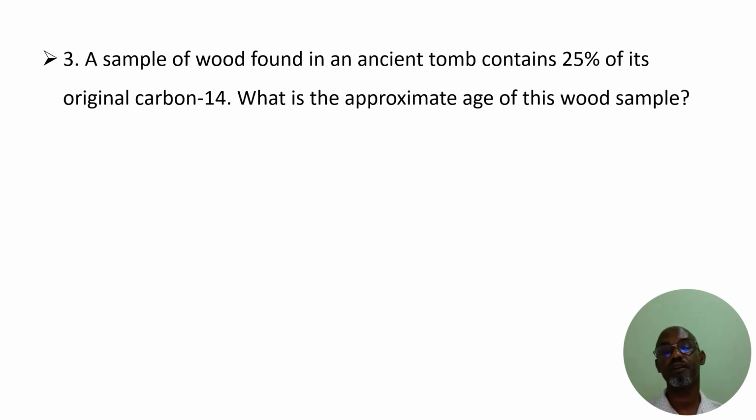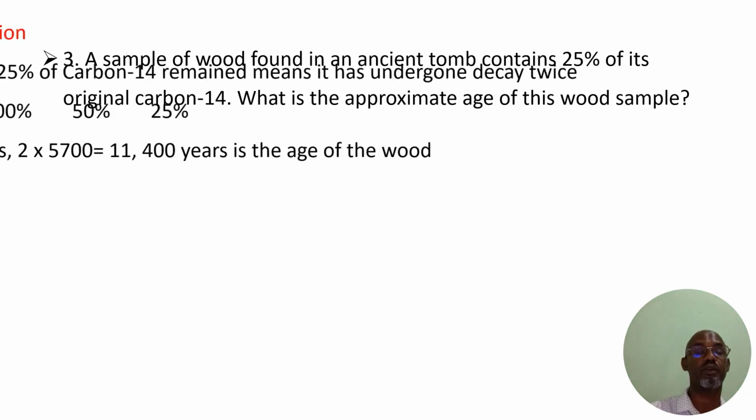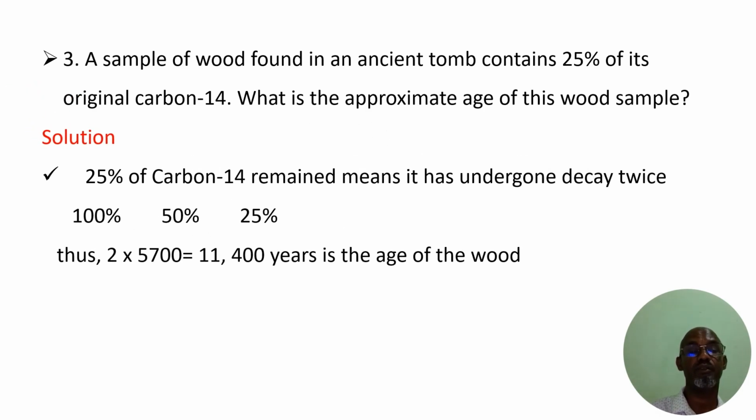From 50%, half of 50 is 25, to 25% after another half-life. Therefore, it is a matter of 2 half-lives. Here 25% of carbon-14 remains, which means it has undergone decay twice, from 100 to 50, from 50 to 25. Thus, 2 times 5,700, that is 11,400 years, is the age of the wood.